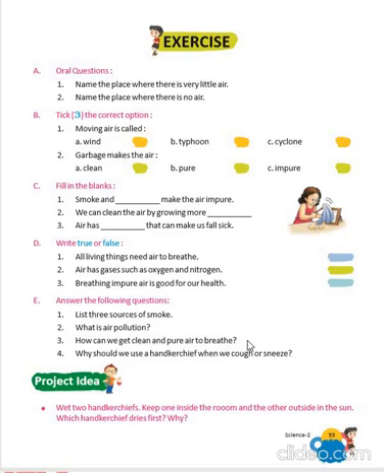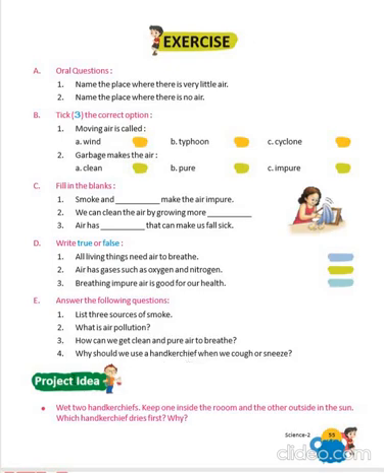Plants provide us clean and pure air to breathe. Why should we use a handkerchief when we cough or sneeze? This is so because when we sneeze, germs from cough mix with the air, and these germs can enter our body through air and make us sick. So we should always use a handkerchief.